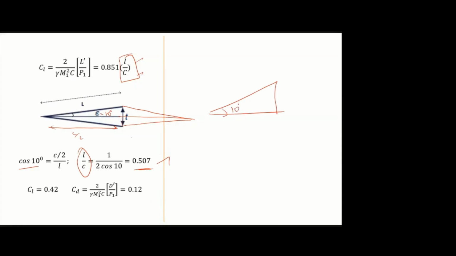So here 10 degree, this length is L, overall chord is C, so half value is C by 2 for this right angle triangle. Okay, here we have T by 2. So for this right angle triangle, they are finding cos theta, it will be C by 2 by L. Rearrange, you will get L by C is this value. Now you can substitute this in this L by C, you will get CL is 0.42, CD is 0.12.